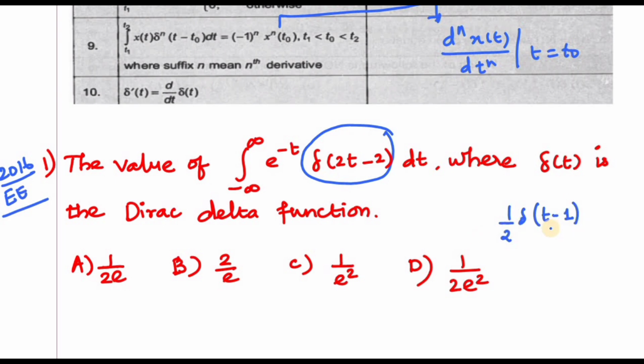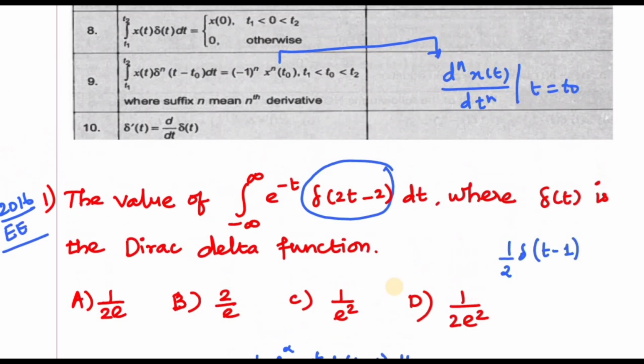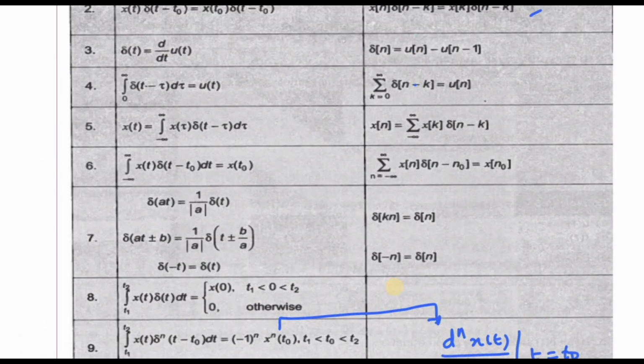So now this function becomes 1 by 2 of the integration from minus infinity to infinity of e power minus t del of t minus 1 dt. So this property is similar to the sixth one, if I take x of t equal to e power minus t. So instead of t, I need to substitute t naught.